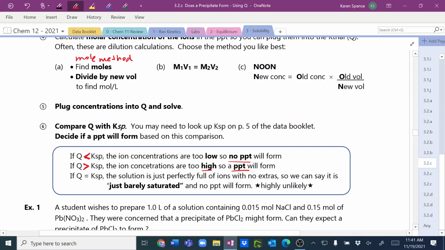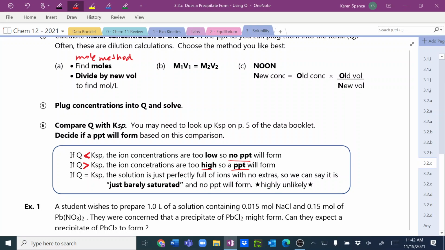You won't get a precipitate, but if you were to add even one more ion, you would get a precipitate. What are the chances of that happening in real life? Not likely. I mention it here because people ask what would happen if they were equal, but it's always going to be either bigger or smaller, okay?